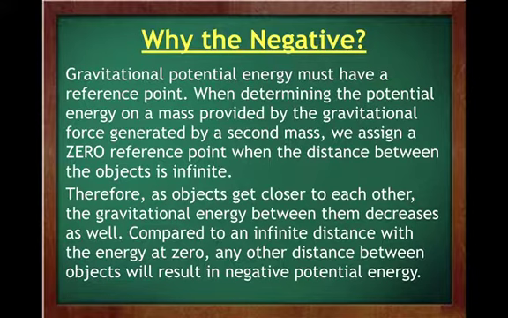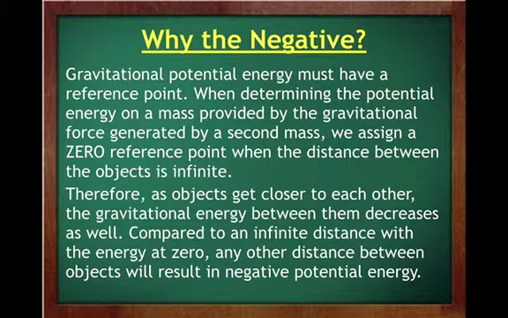And when talking about the potential energy on a mass provided by the gravitational force of a second mass, 0 is the reference point when the distance between the objects is infinite. Essentially, there is no gravitational potential energy pull, no force connecting them, if the objects are infinitely far apart. You pull something so far away from the other object that its potential gravitational energy to pull that object closer is gone. That's when it's 0. So when the objects are infinitely far apart, that's the 0 part.